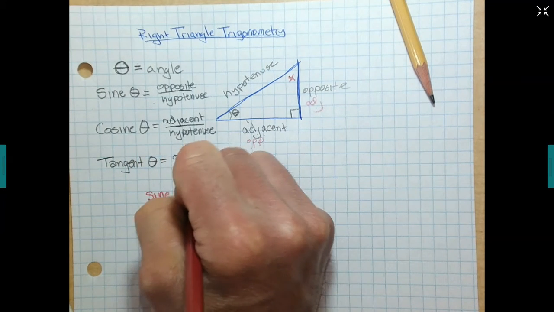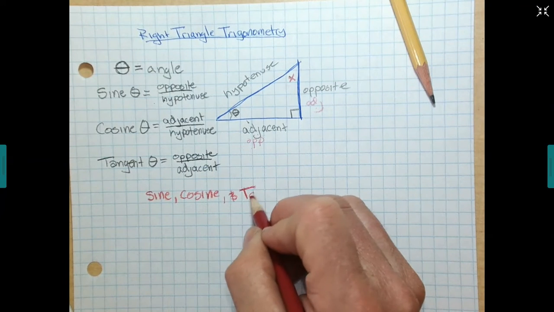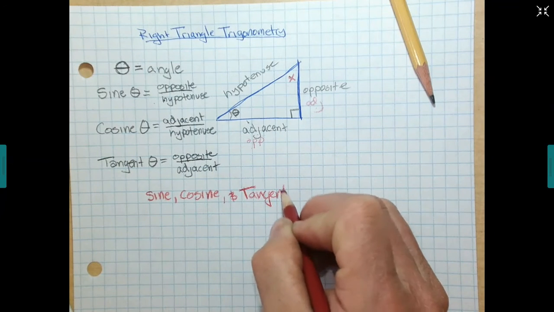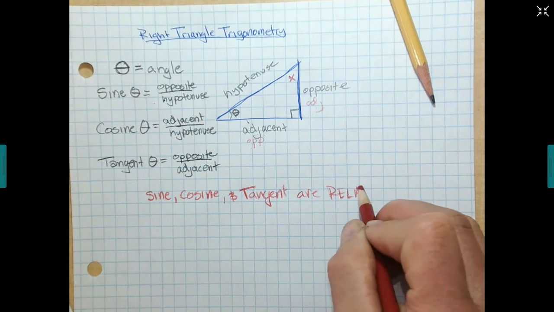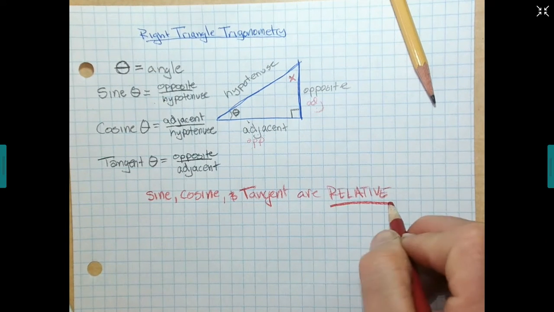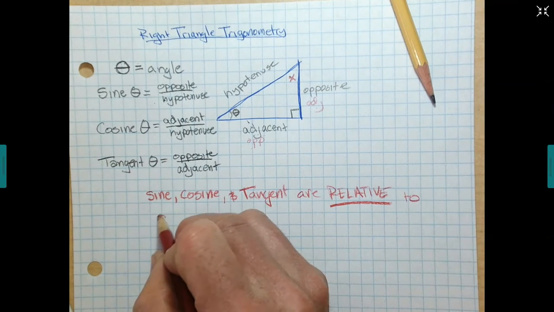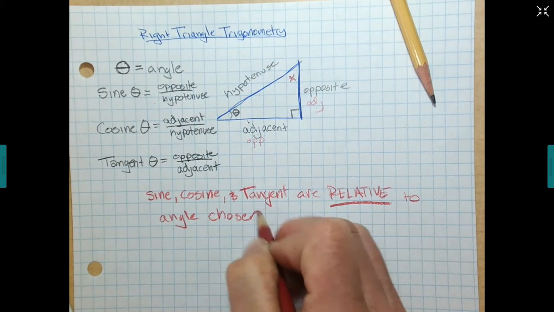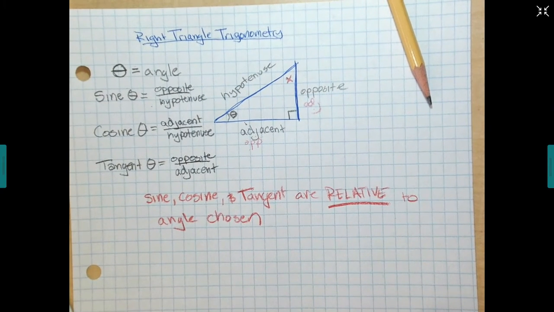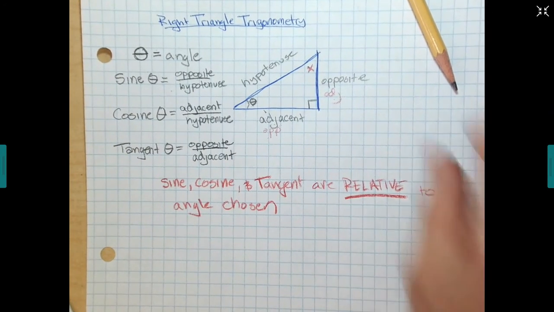Sine, cosine, and tangent are relative to the angle chosen. All right, now let's see how this plays out.